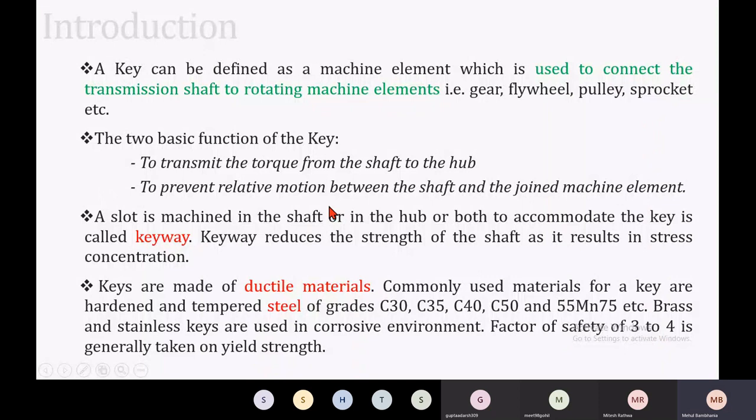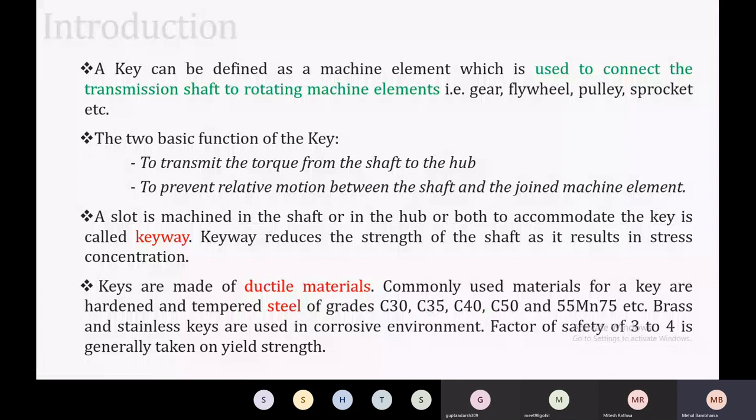Generally a key is made by means of ductile material. Generally it is steel, a carbon grade steel, C30 or C35, likewise C50, depending on the applications.